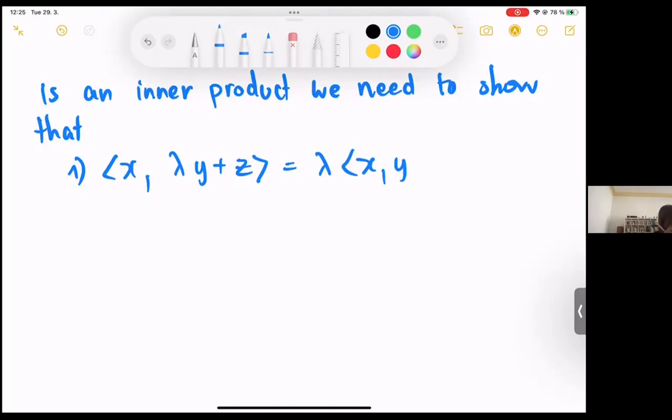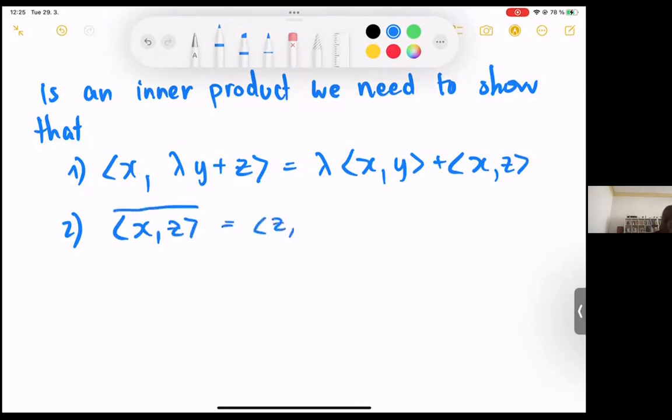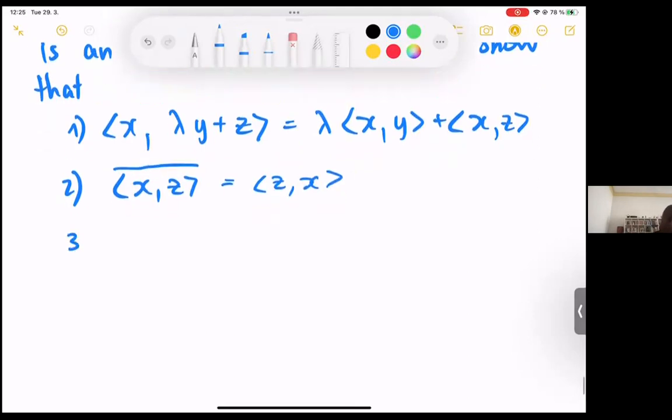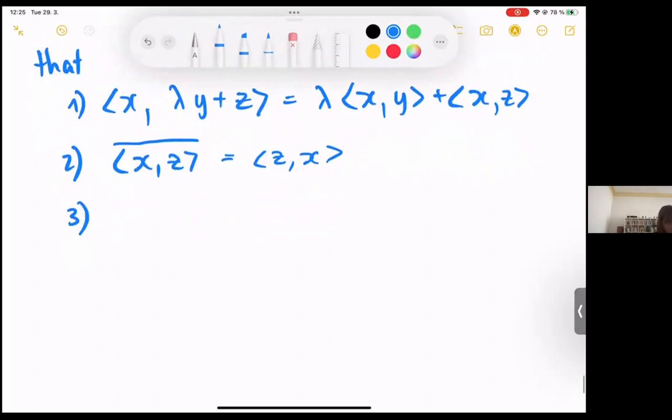So we can take the lambda out and separate this y and z. We want it to satisfy that <x, z> is the same as the conjugate of swapping things in the coordinates. And then we want it to be positive definite.